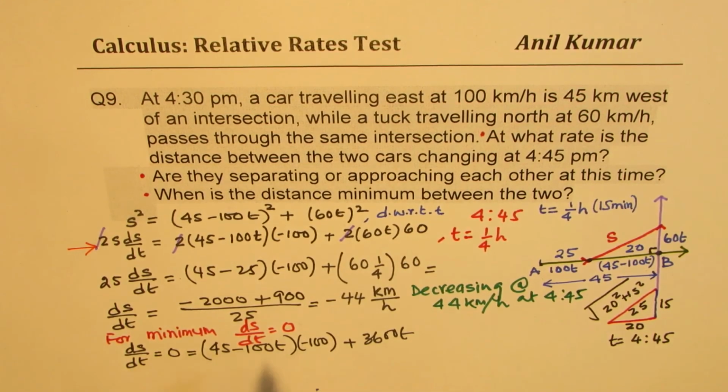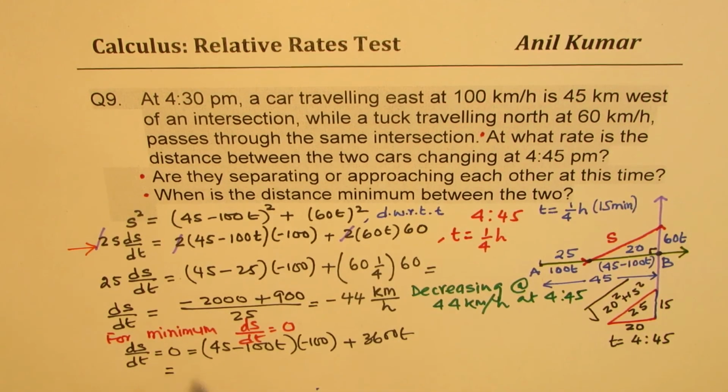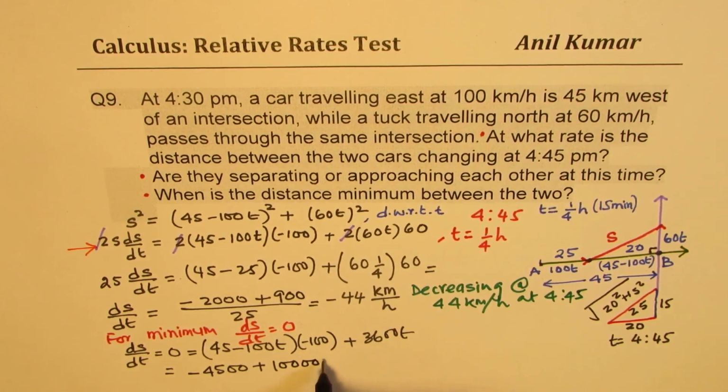When you multiply this out, let's open this. That gives you minus 4500 plus 100 times 100t plus 3600t equals 0. So let's solve this for time.